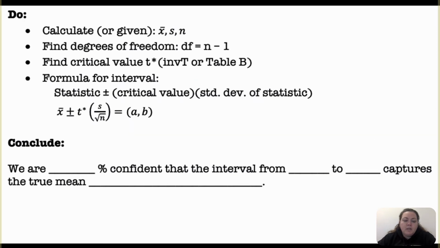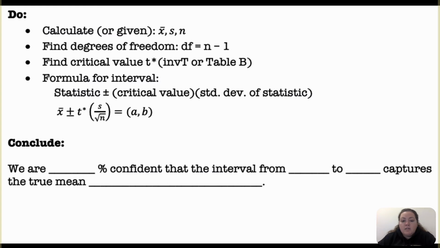All right. In the do step for a one-sample t-interval, we're going to calculate or be given x bar, s, and n. So the sample mean, the sample standard deviation, and the sample size. We're going to find the degrees of freedom, which is n minus 1. We're going to find the critical value, t star.